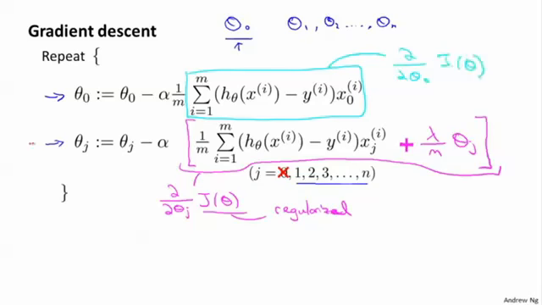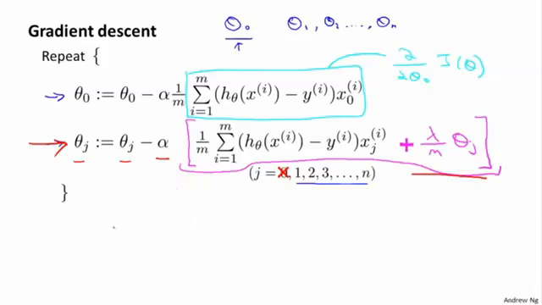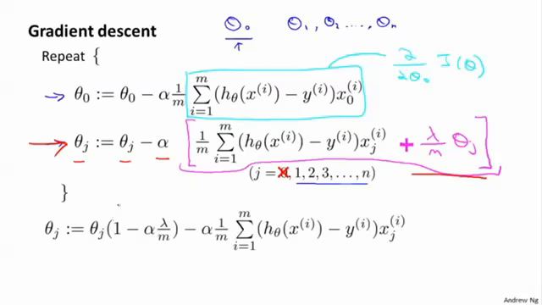If you look at the update for theta j, it's possible to show something pretty interesting. Concretely, theta j gets updated as theta j minus alpha times this other term that depends on theta j. If you group all the terms together that depend on theta j, you can show that this update can be written equivalently as follows.